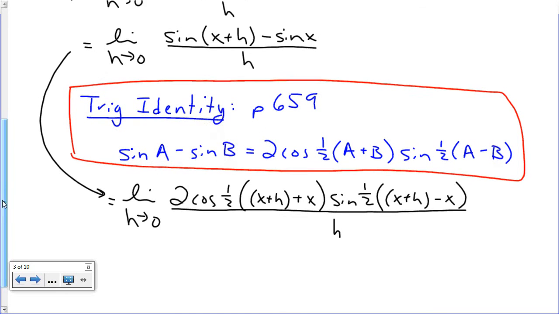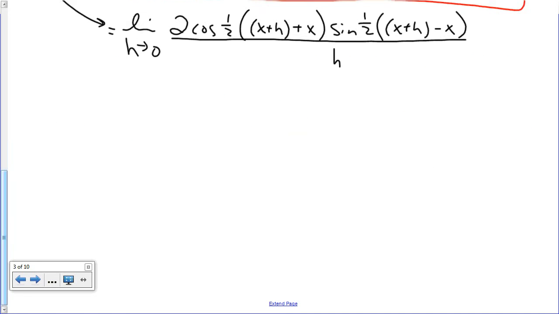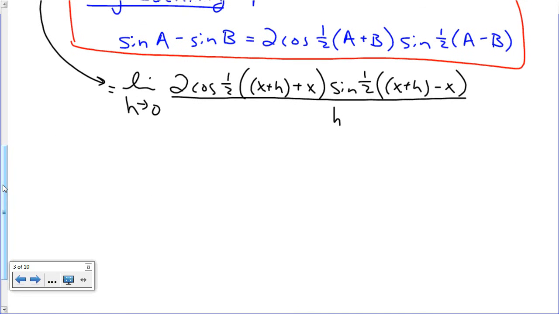The next step is to do a little bit of simplification with that numerator. I'm going to write it as 2 times the cosine of, and I'm going to simplify what I'm taking the cosine of. I've got 1/2 of this quantity, and that quantity has x plus h plus x. So there are actually 2 x's in there, but I'm taking half of that whole thing.